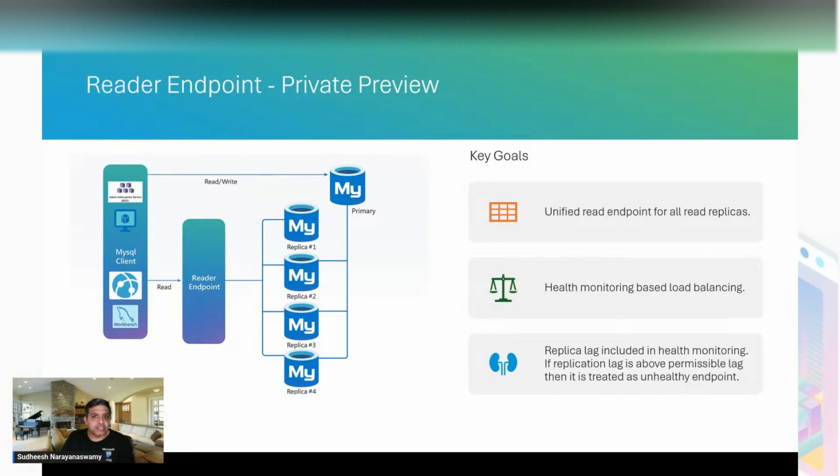Whenever a connection request is made, the response the reader endpoint gives is the name of the replica server to which it can connect. We are also bringing in health monitoring using replication lag, because replication lag is an indicator of whether I should run a read query on a particular replica or not.